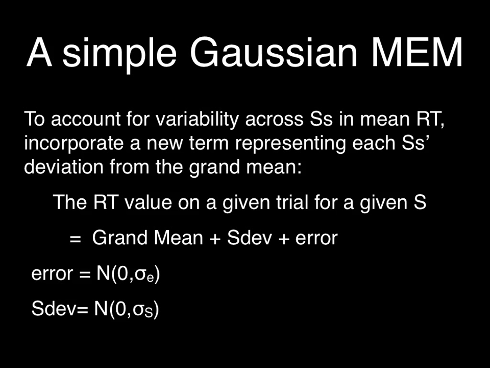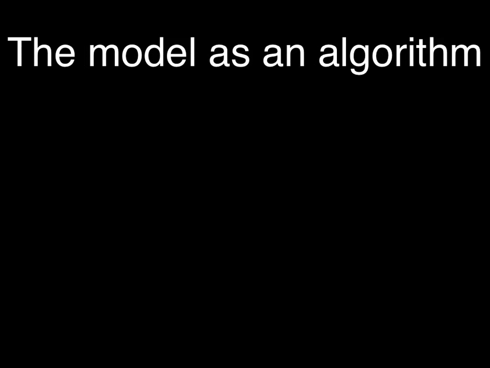It will explicitly compute the subject means and subtract those out from each subject. Whereas this actually models the subject's deviation from the grand mean according to this Gaussian distribution. That has some benefits that I'll talk about in a moment.